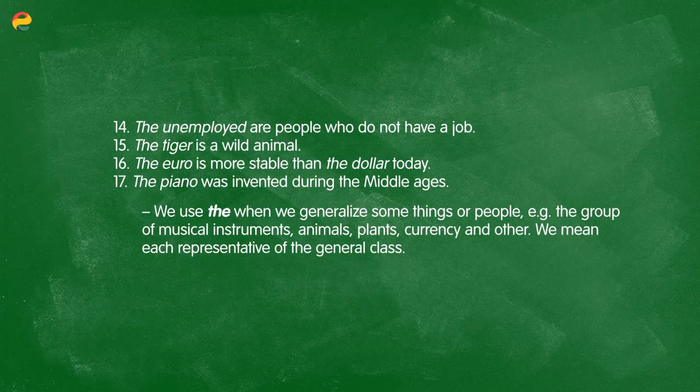If I'm generalizing about a group or a kind of object or people, then I may use "the" to talk about the group in its entirety. I'm talking about all of it. The euro, all euros, euros in general. The tiger, all tigers are wild animals. So I may say "the."